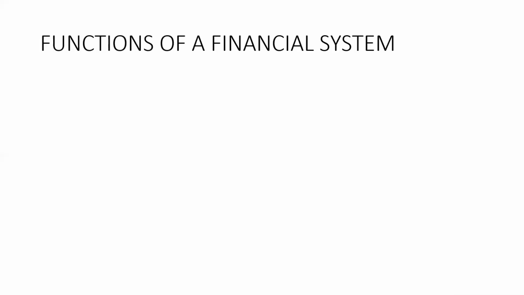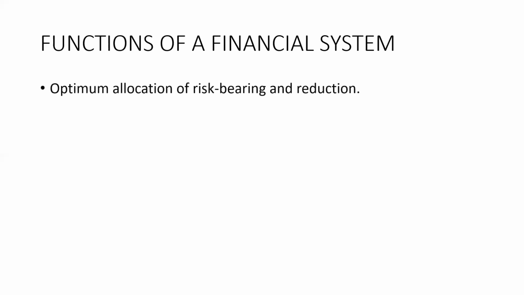Another important function is optimum allocation of risk and its reduction. The basic objective here is to reduce risk up to acceptable limits. It is a known fact that every businessman undertakes risk due to the uncertainties of the outcome of his or her operations. This holds true for every investor also.